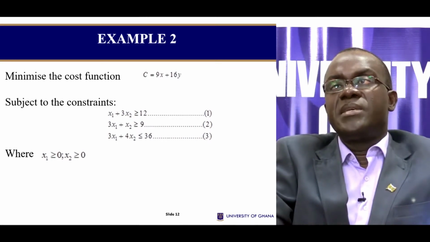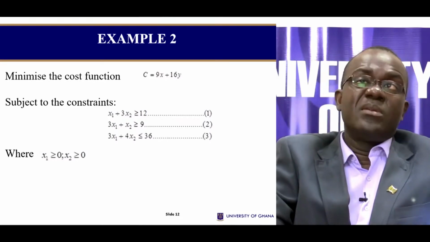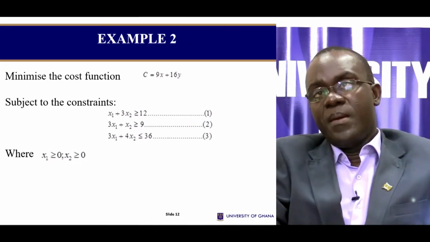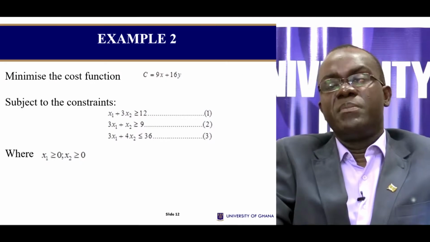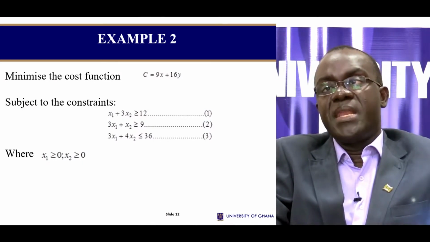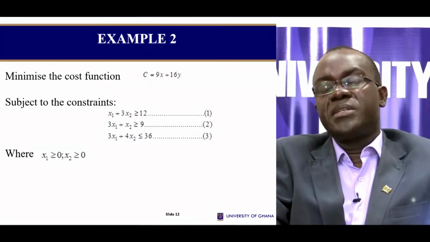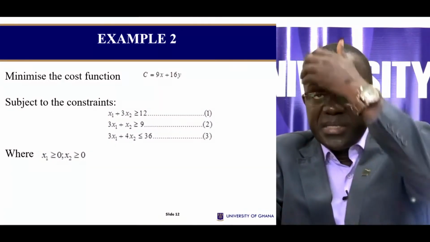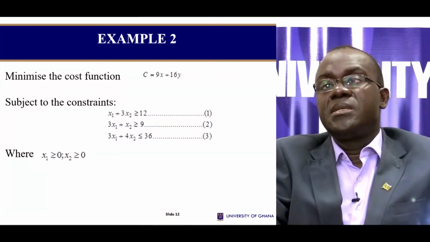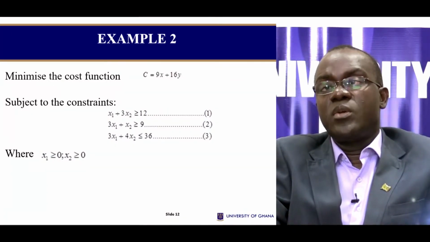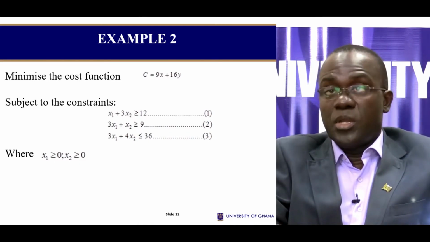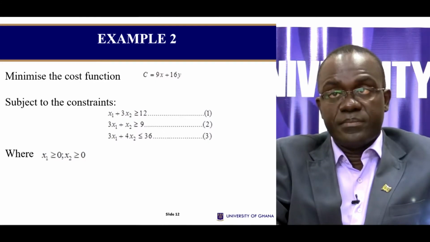Now, another question on minimization. The first one was on maximization. Here we look at minimization, but then our constraints are inequalities. You see this one is greater than or equal to, but this one is less than or equal to. The methodology is the same.